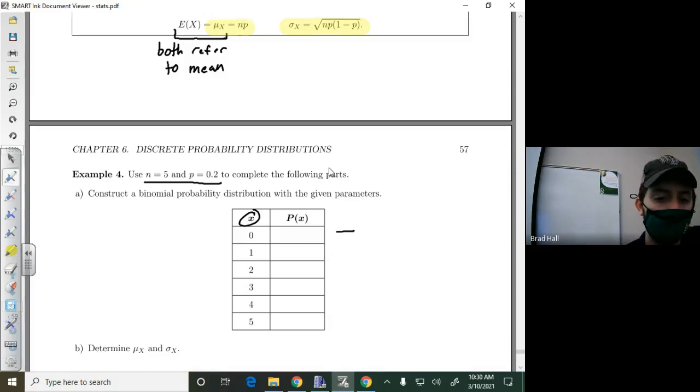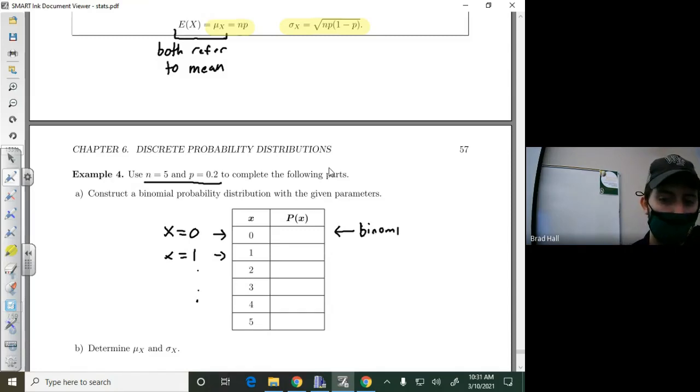So for each row, what they're wanting us to find is when x is equal to 0, or when x is equal to 1. x is equal to 2. So really, since this refers to x is equal to 0, and that refers to x is equal to 1, and so on, then we're going to use the PDF option, where they told us that lowercase n is 5, lowercase p is 0.2, and lowercase x is 0.